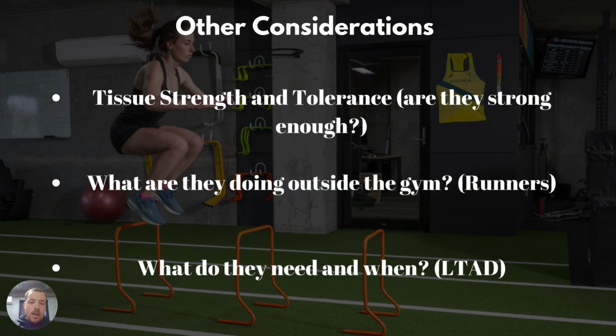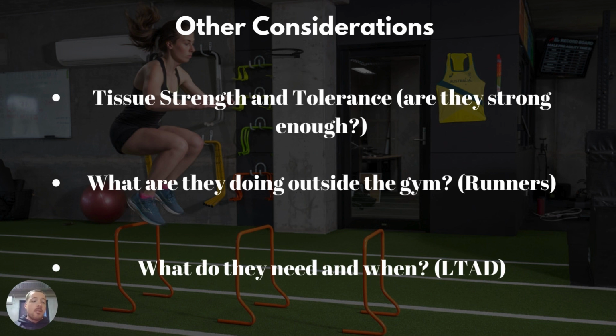Now, a couple of other considerations to go through with plyometrics is how strong the tissue is. So we're talking about stiffness plyometrics. It's going to be really calf dominant. So just knowing how strong someone's calf tissue is going to tell you a lot about their ability to both produce really good stiffness plyometrics, but also handle the training load.